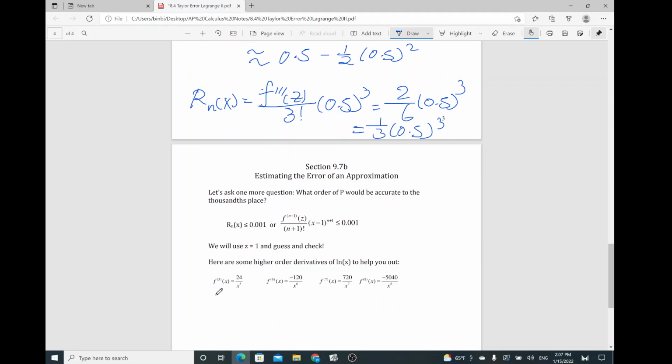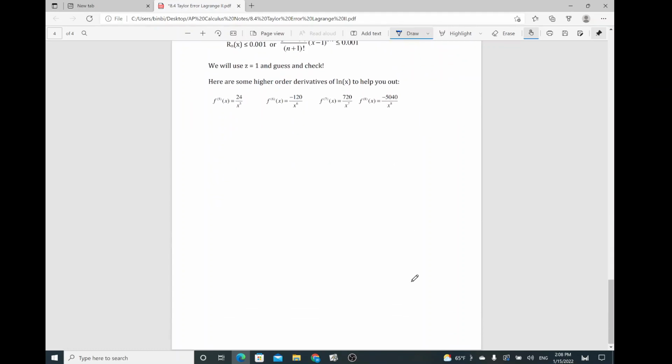Next, you can find the fifth order derivative, the sixth, the 7th, the 8th. It depends on which one gives you an error bounded less than 0.001. The higher derivative you take, you'll find it's getting close to that order. Perhaps it might be 7, it might be 8. So try to figure out what that is.